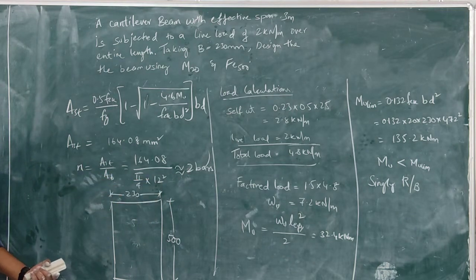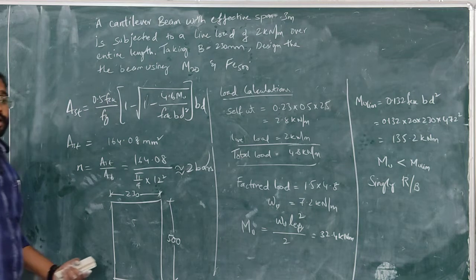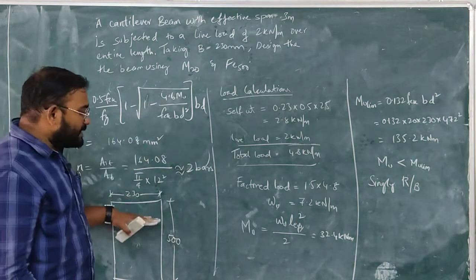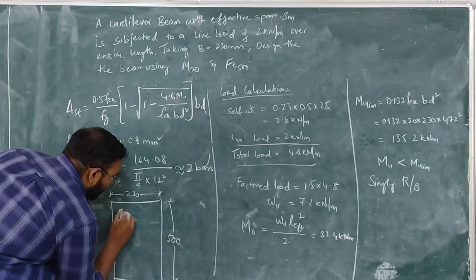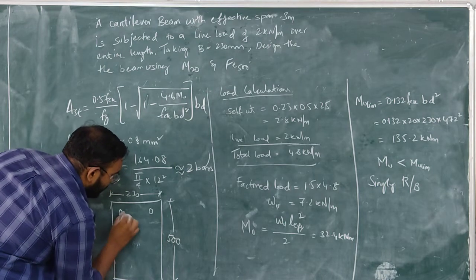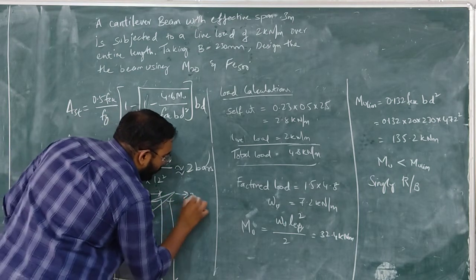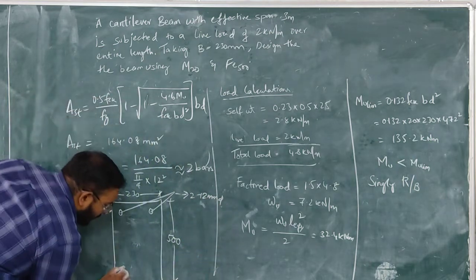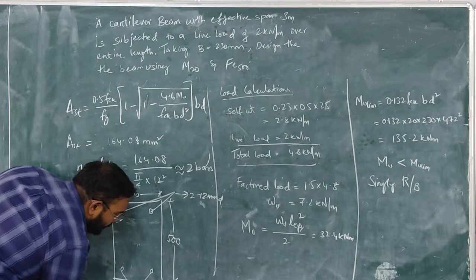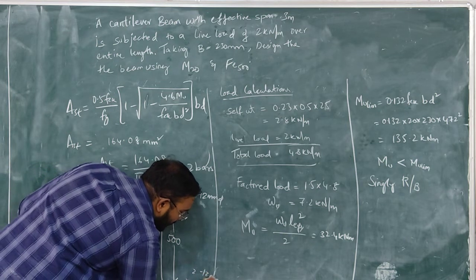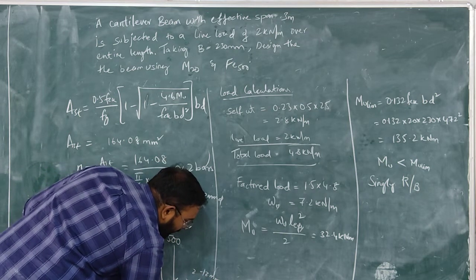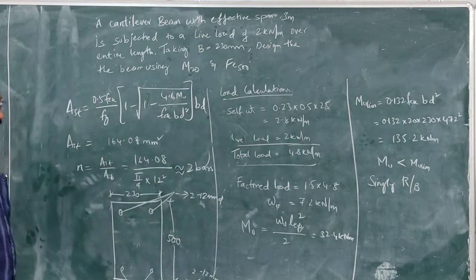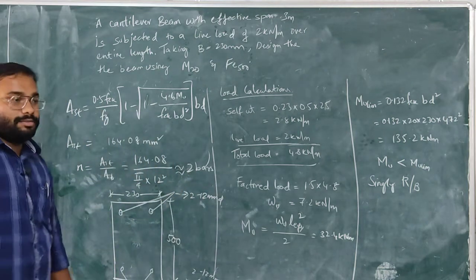Now where to provide this? This is to be provided in the tension zone. Now this is a cantilever beam, so the tension zone will be at top. So these are 2 bars of 12 mm diameter. Now here you need to provide 2 hanger bars of 12 mm diameter at the bottom zone.